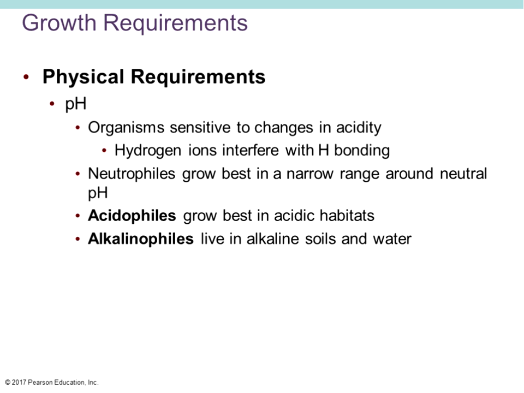Neutrophiles grow best at a neutral pH, and remember the pH range goes from 1 to 14, where 7 is considered neutral, so it's right there in the middle.